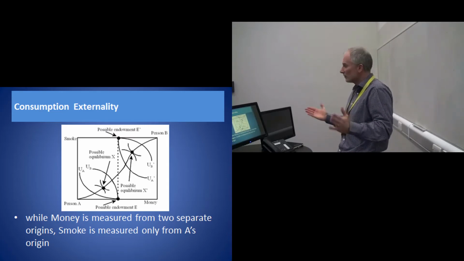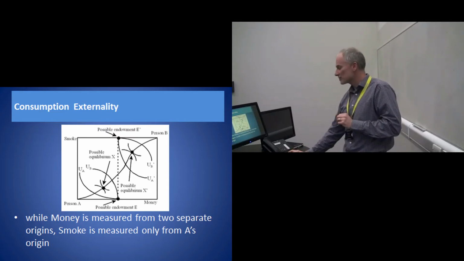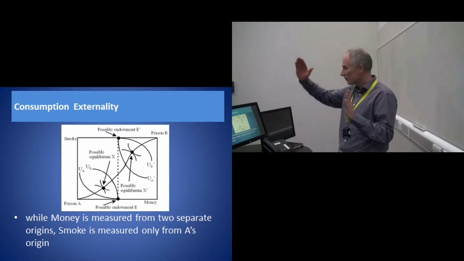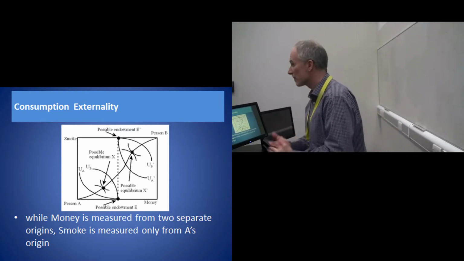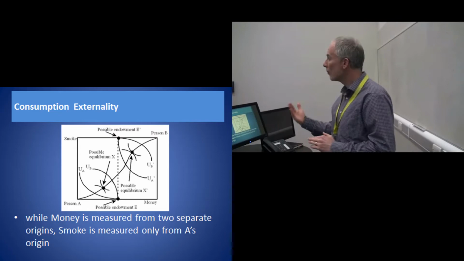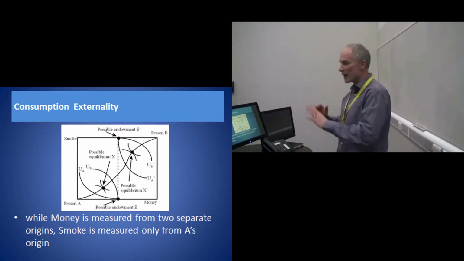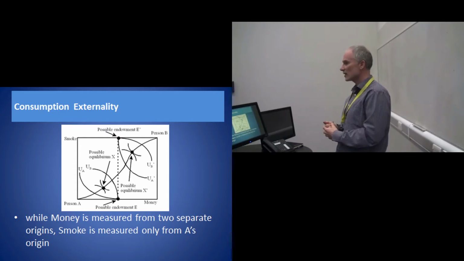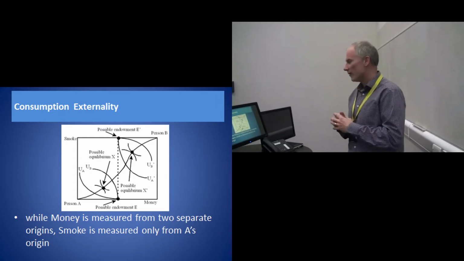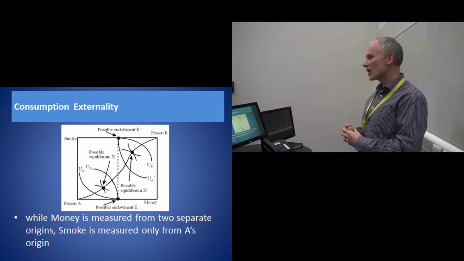And so as we move from this bottom left-hand corner away to this top right-hand corner, he moves on to higher indifference curves and he's better off. Higher indifference curves are more preferred for person A. And that makes perfect sense. That's the sort of thing that we did previously in our lecture on exchange. However, person B is slightly different.